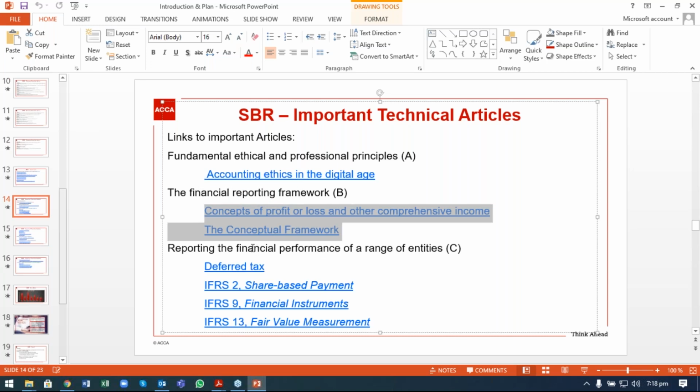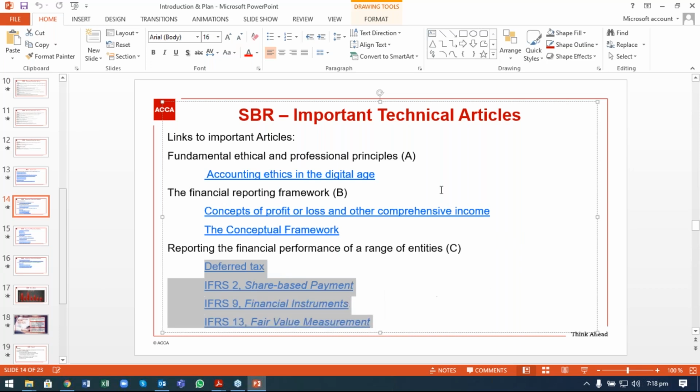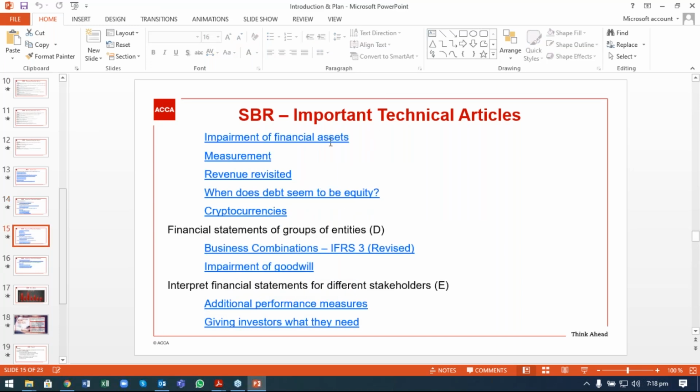Reporting of financial performance of a range of entities, in which deferred tax is one area, IFRS 2 share-based payments is another area, IFRS 9 financial instruments is another one, IFRS 13 fair value measurement, impairment of assets, measurement, revenue revisited, when does debt seem to be equity, and cryptocurrencies.